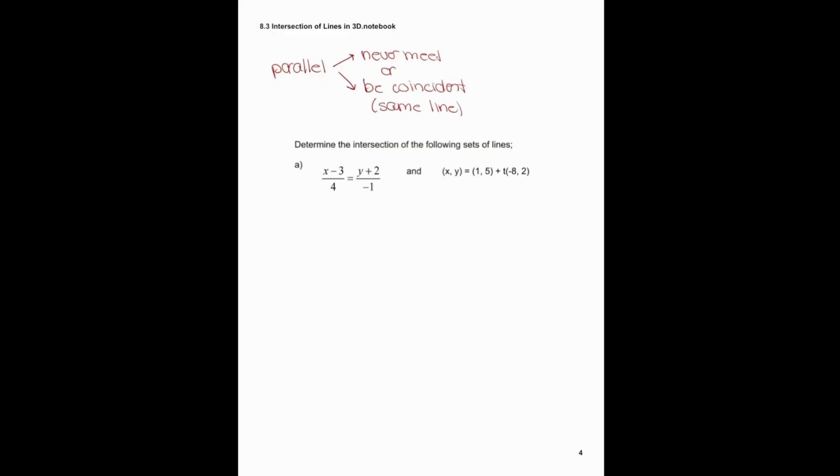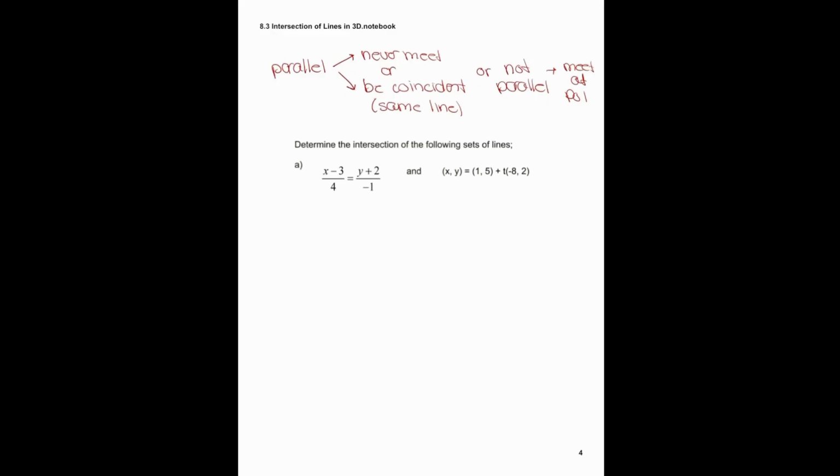Or the other option that we have here, they could just be not parallel. And if lines in 2 space are not parallel, then they must meet at a point of intersection.